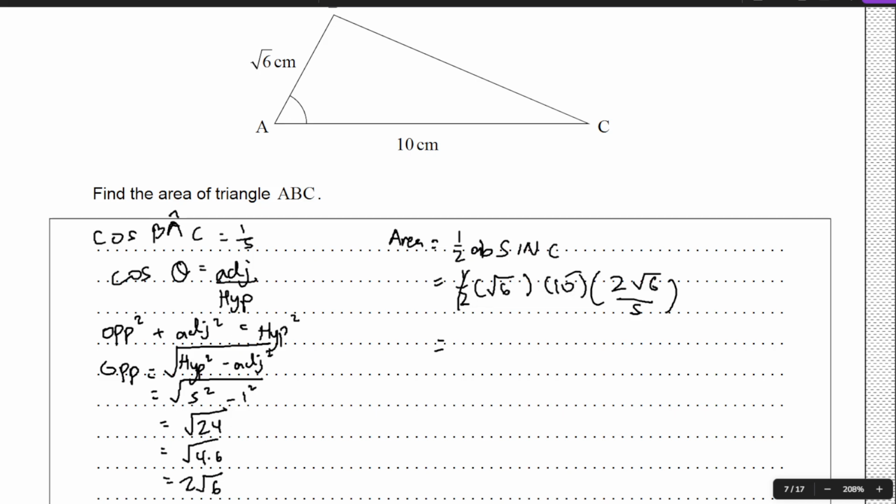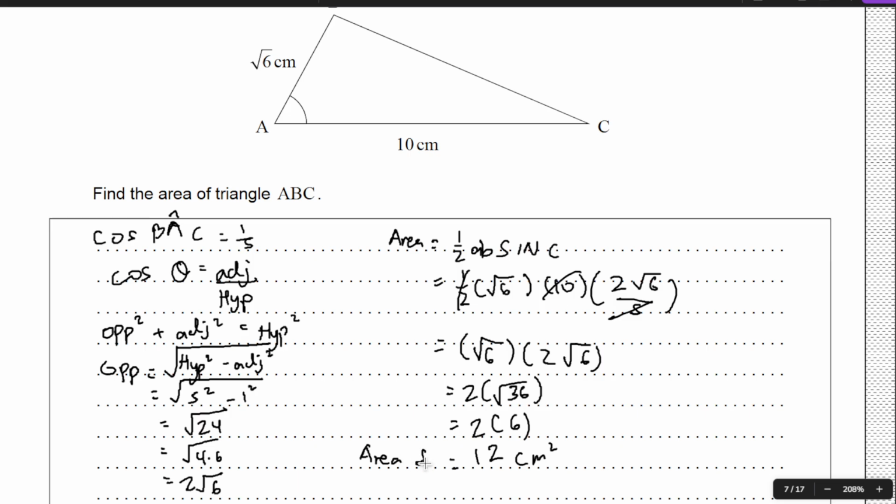So we're left with just the root of 6 multiplied with 2 root of 6, which how you do this is we multiply the roots together, so we would have 2 times root of 36. And root of 36, if you don't know, is 6. So 2 times 6 would be 12 centimeter squared. And that would be the area of your triangle.